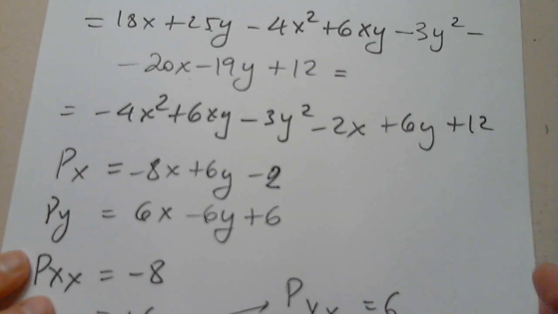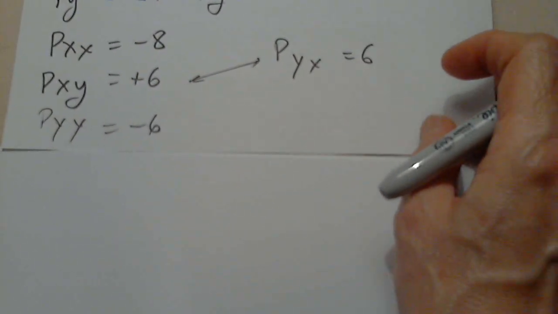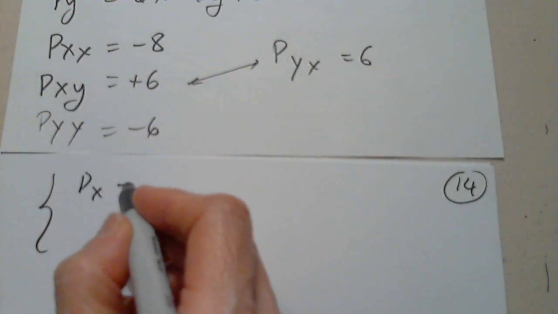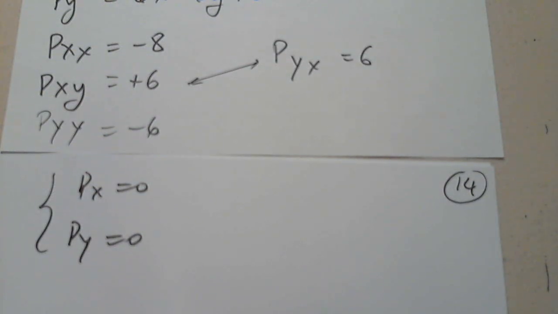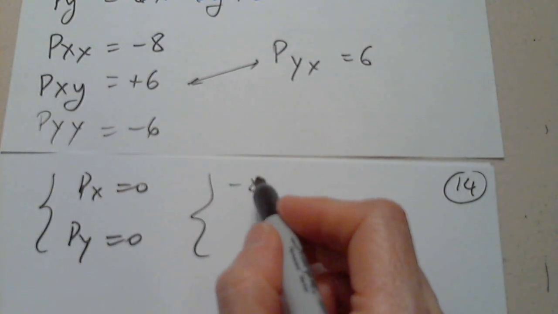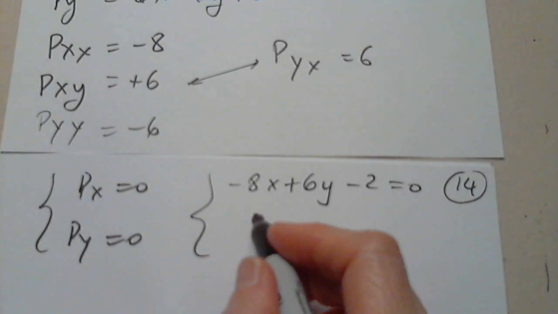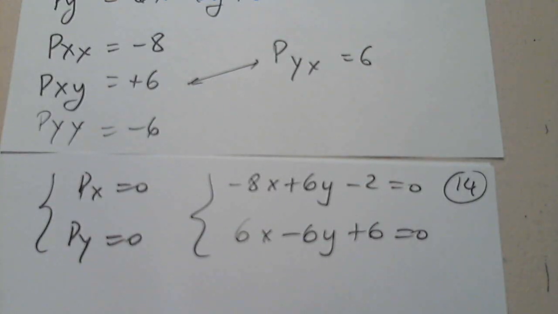Okay, now we are ready for the D-test. For the system and then the D-test. So we have Px equals 0 and Py equals 0. Negative 8x plus 6y minus 2 equals 0. 6x minus 6y plus 6 equals 0.